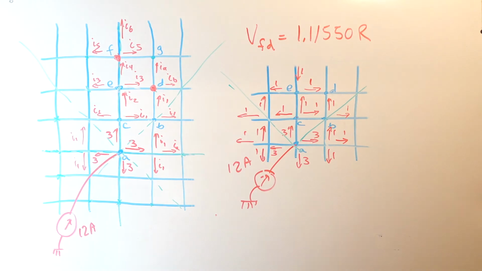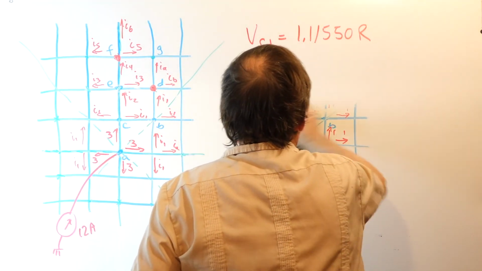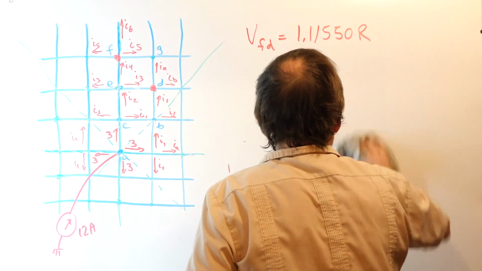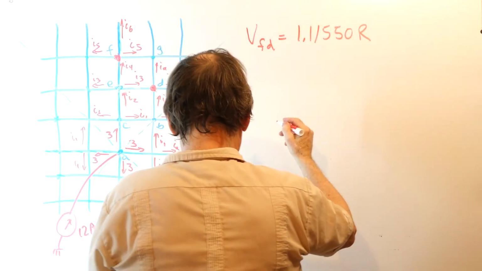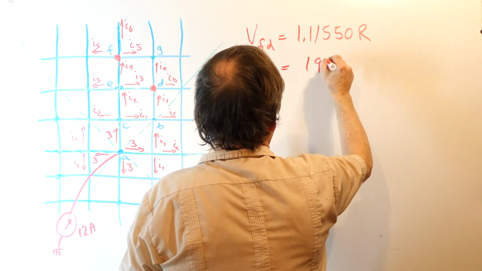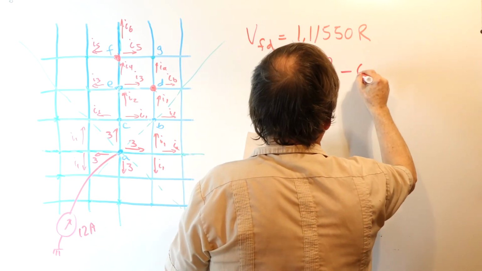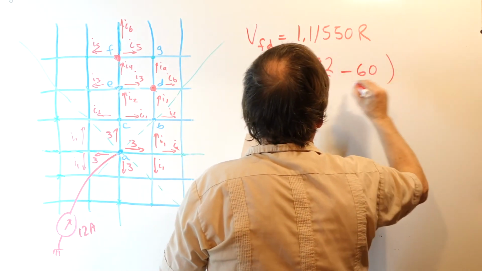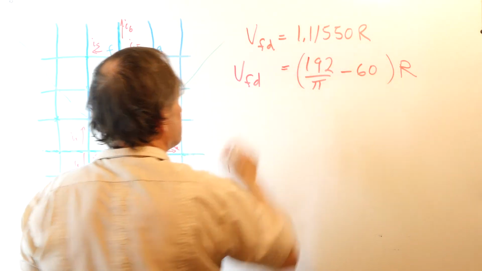Let me give you the exact value. The exact value for V F to D is (192 divided by pi minus 60) R. So that's the hint.